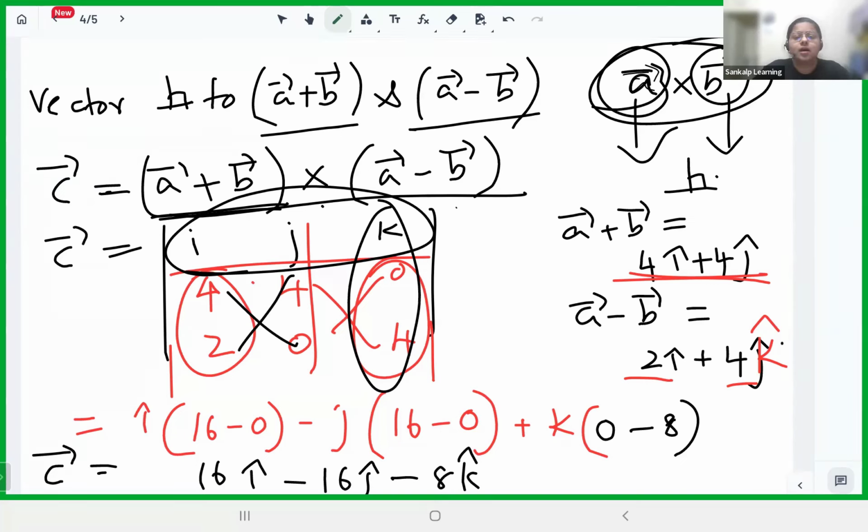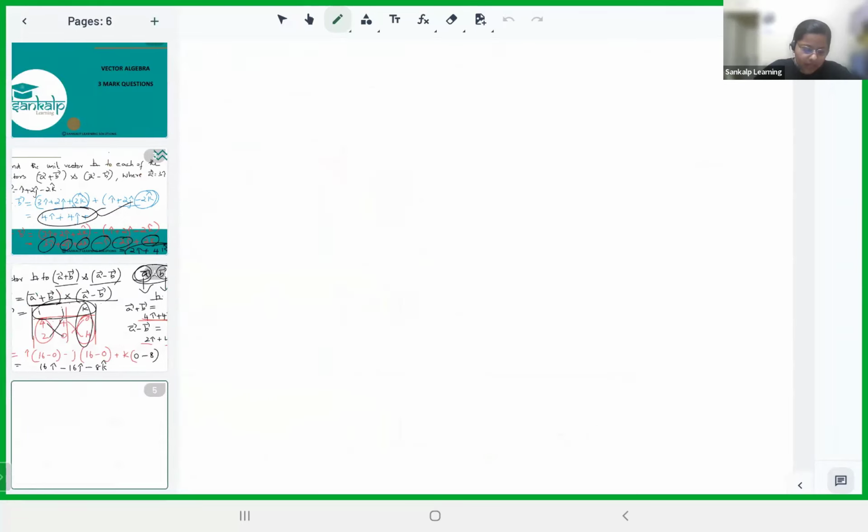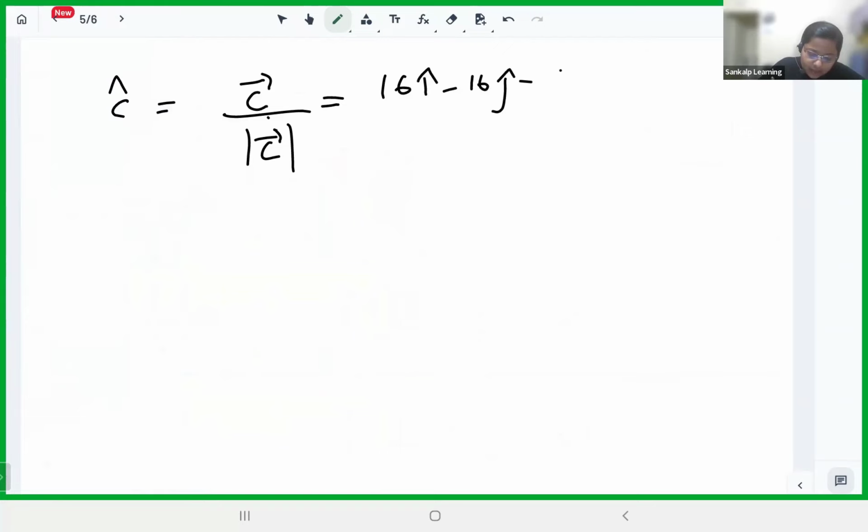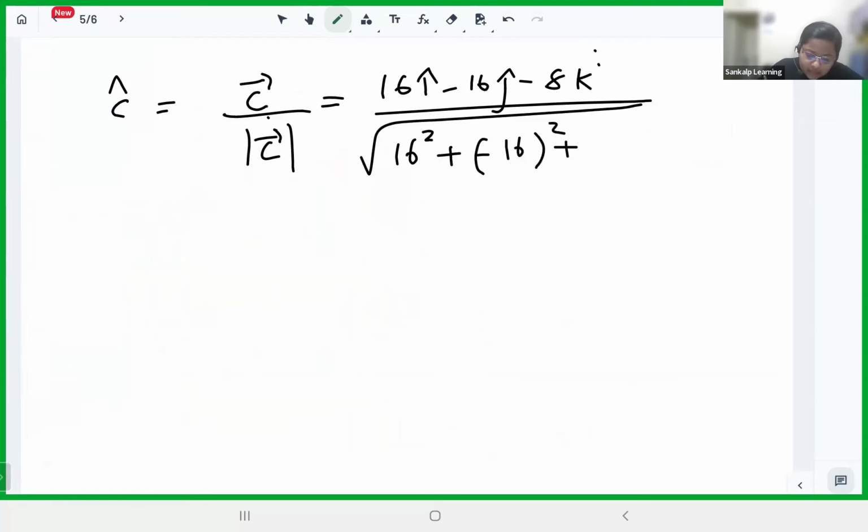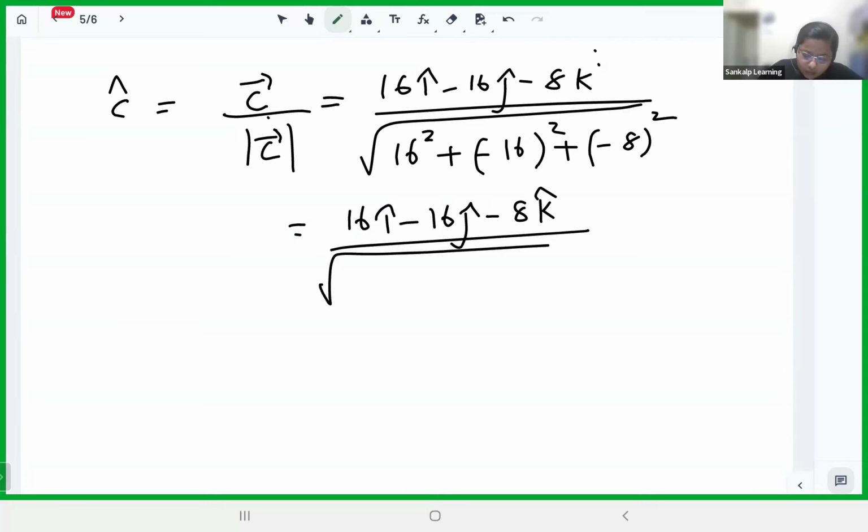So how will you make this vector C a unit vector? Just divide it by its magnitude. So unit vector C is equal to vector C by magnitude of vector C. And what is vector C? 16i minus 16j minus 8k divided by root of 16 square plus minus 16 the whole square plus minus 8 the whole square.